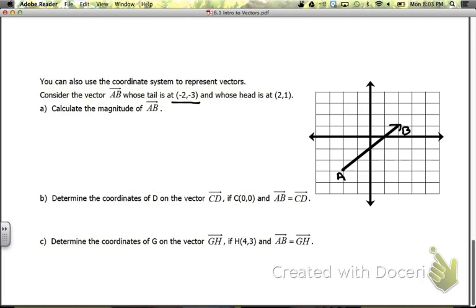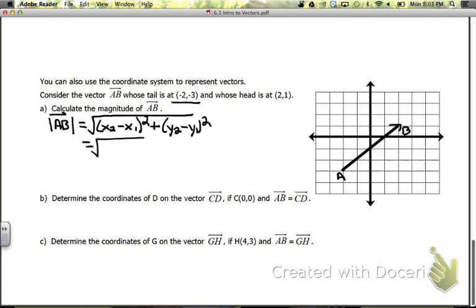So we want to calculate our magnitude. So when we're calculating our magnitude, this goes back to something that you guys learned back in grade 9. We take the square root of our x2 minus our x1 squared plus our y2 minus our y1 squared. So we can sub in our values there.